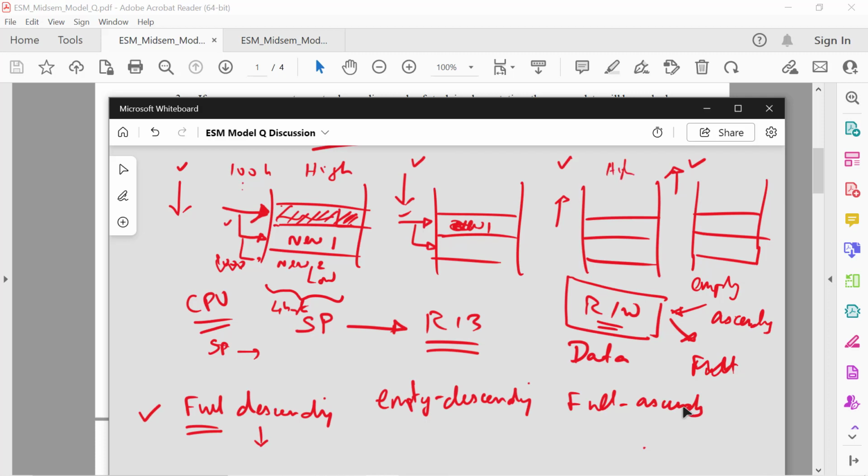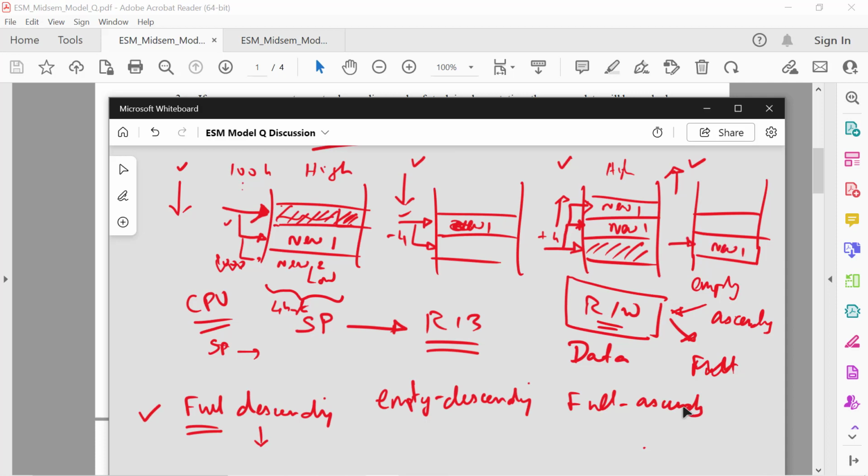If I am talking about full ascending, it is pointing at the full location, and if I have to push data, I will be incrementing the stack pointer by 4. Earlier it was minus 4, and then push a new data. New data 1 will be here. Another new data, if I push, will be here. And the exact reverse will happen when I am popping it out. Whereas empty ascending is pointing at an empty location.